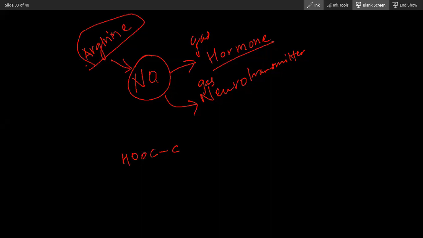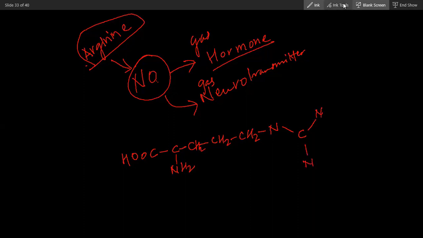So this is amino and this is acid. So 2 carbon, then 3 carbon. To this 3 carbon, there will be attachment of a guanidino group. So this guanidino group is nothing but a triangle. You put N here, you put carbon at the center, here also a nitrogen, and here also nitrogen.